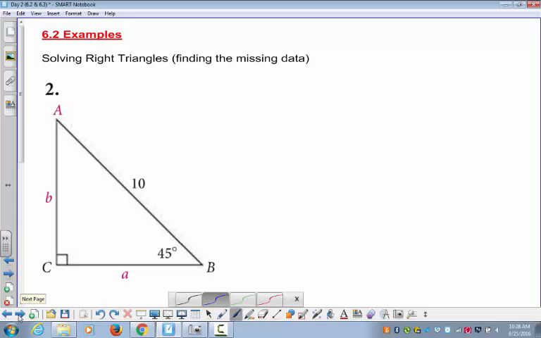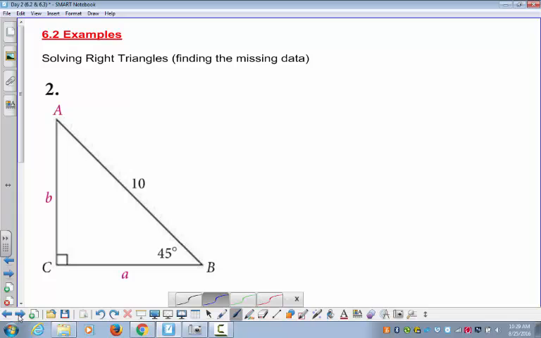All right, so let's jump to 6.2. And in 6.2, we're going to solve right triangles. Later in the semester, we'll solve other types of triangles, triangles that aren't right, called oblique. We'll do that later. So solving a right triangle, there's 6 pieces of information in a right triangle. 3 sides, 3 angles.